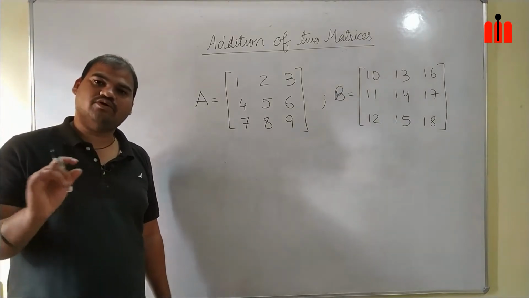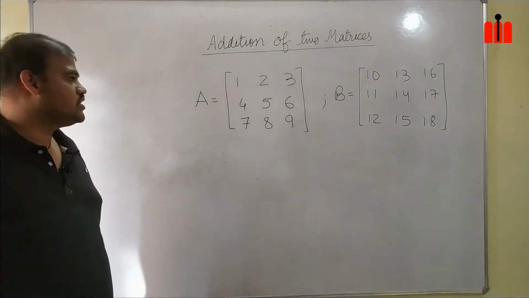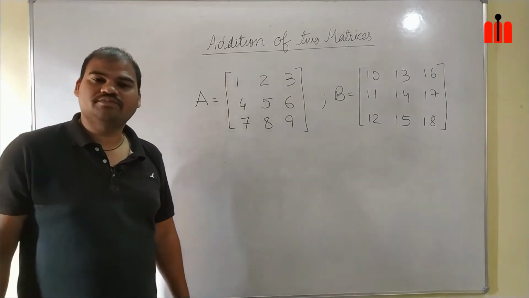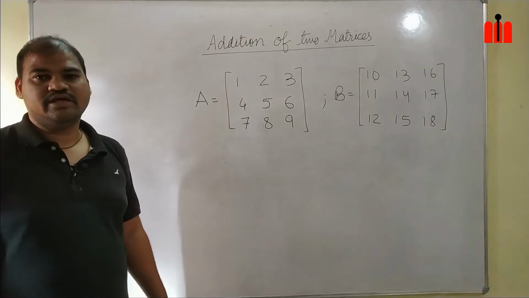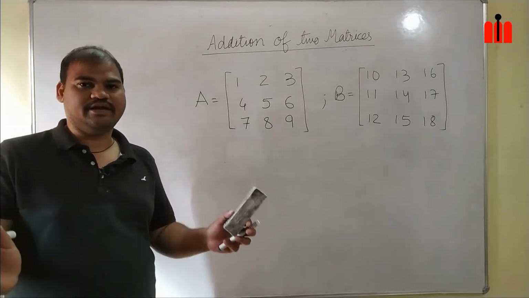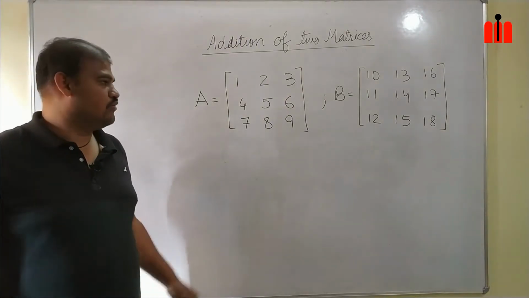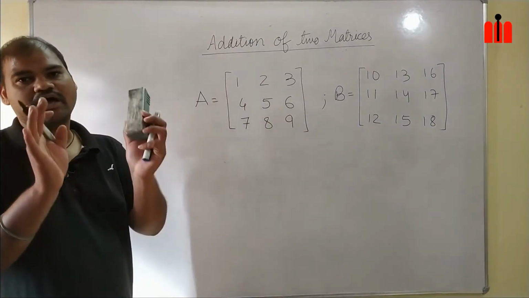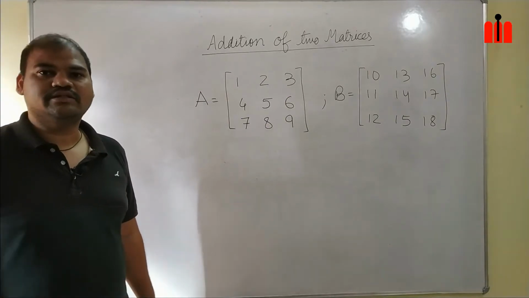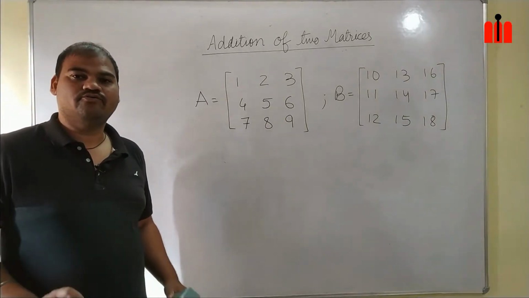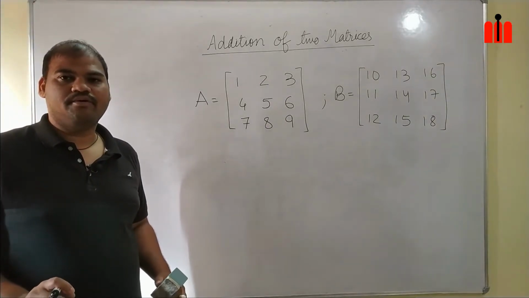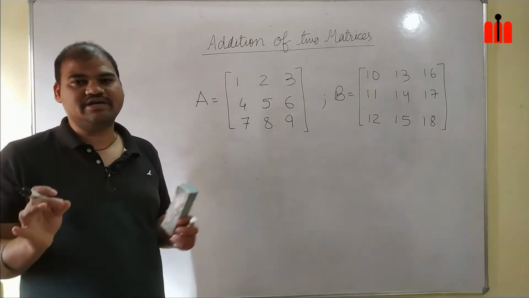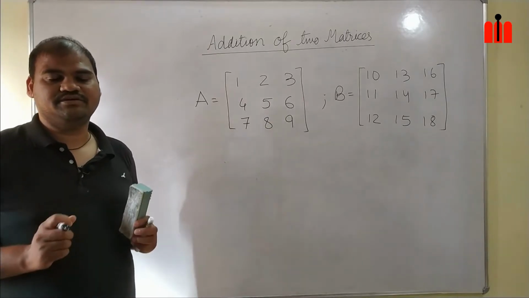Once you add these two matrices, the result will be another matrix. That matrix is C, and its elements are denoted by Cij.